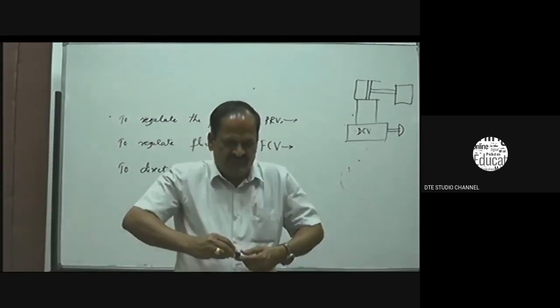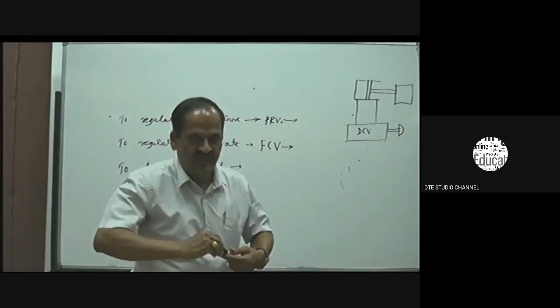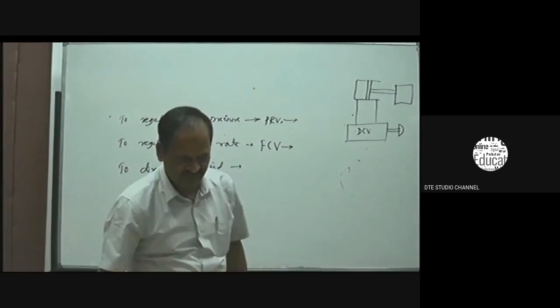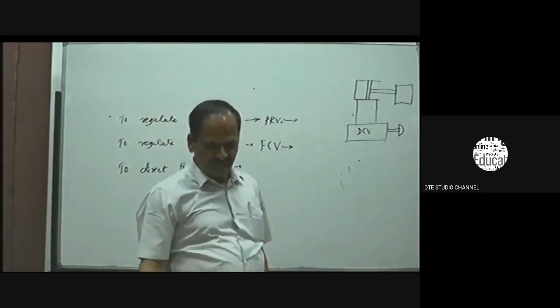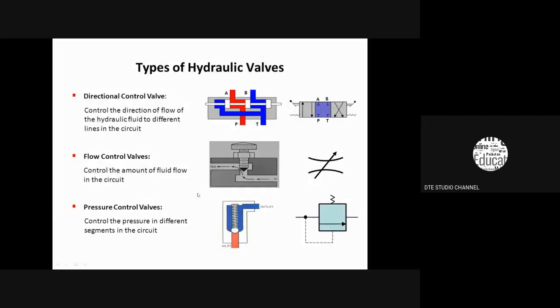The figure shows functions of different types of control valves. In the case of the direction control valve, it controls the direction of flow of hydraulic fluid to different lines in the circuit. The figure shows 4 ports.